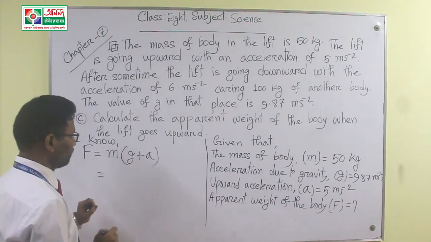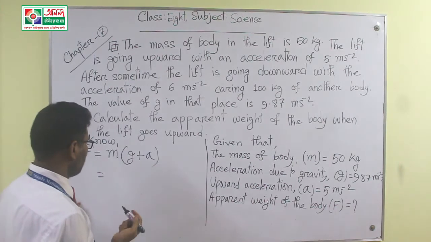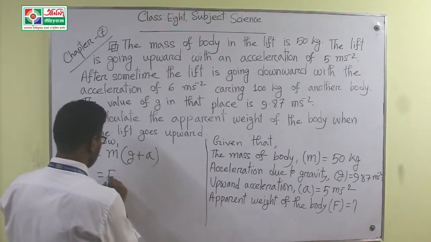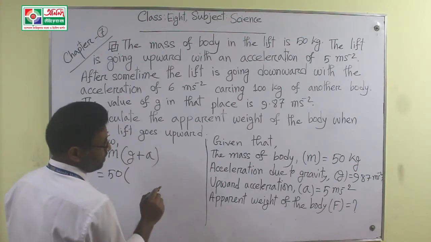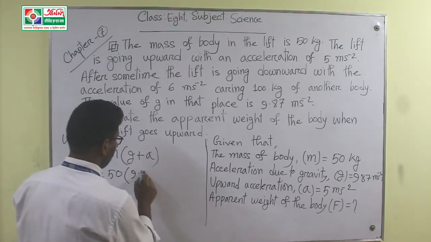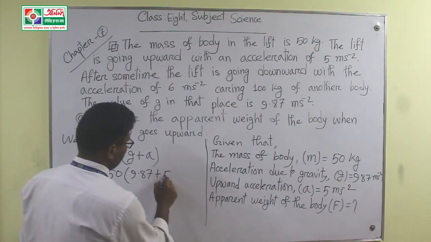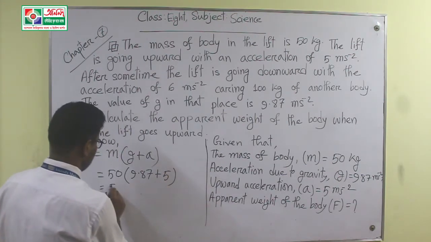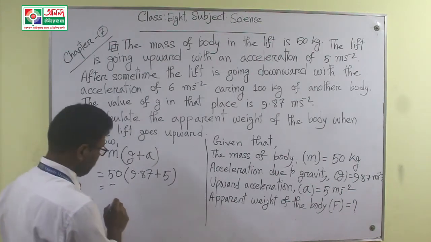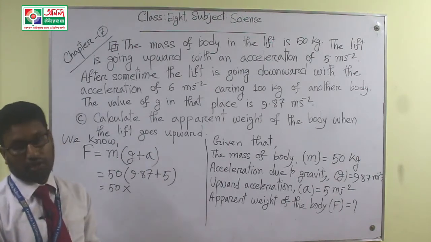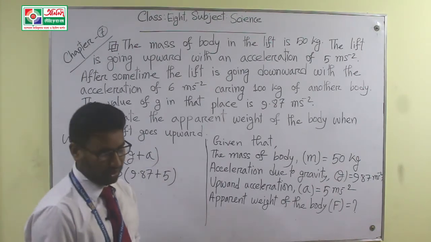Now I will put the values: F equals 50 into 9.87 plus 5, that is 50 into 14.87.